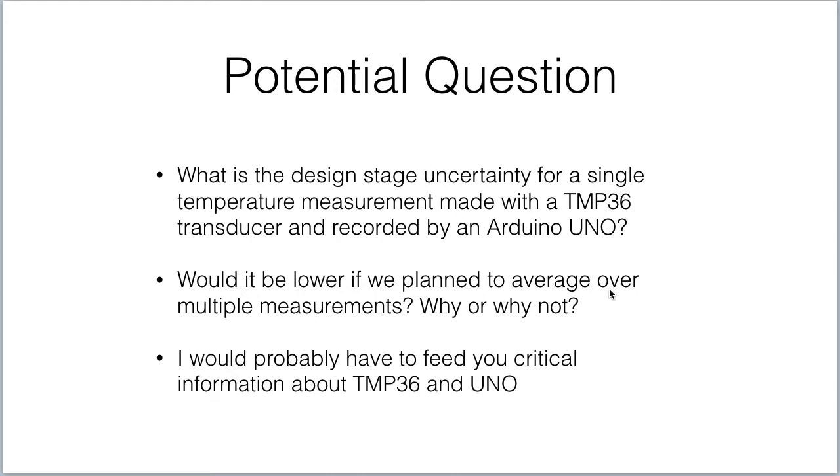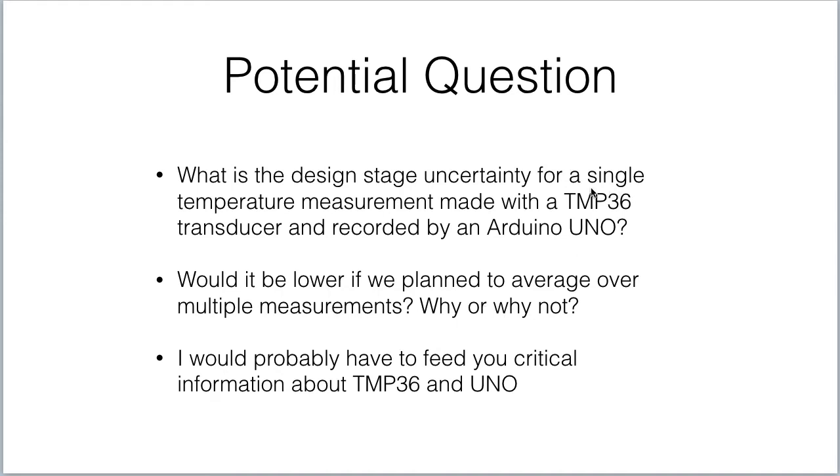Would it be lower if we planned to average over multiple measurements? Well, if we average over more and more measurements, the uncertainty, the variation in the mean, will go down as the square root of the number of measurements we make. But that's only for random errors. If we had a particular TMP36, then its manufacturing characteristics wouldn't change if we measured with it over and over again.